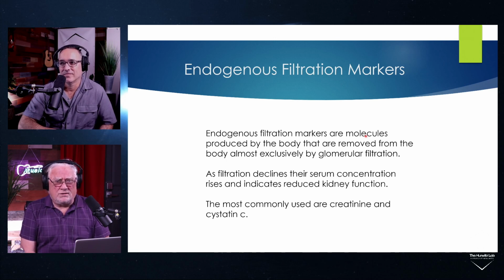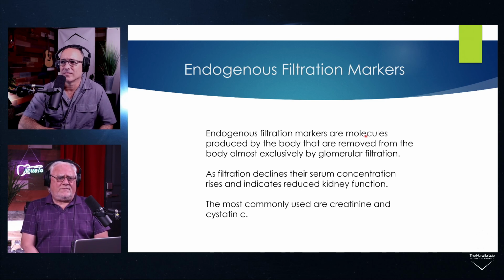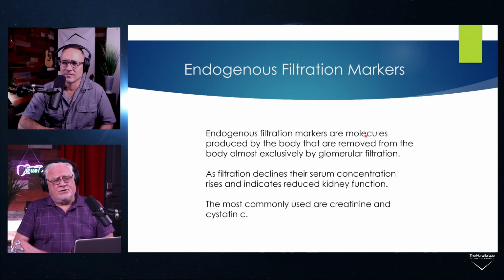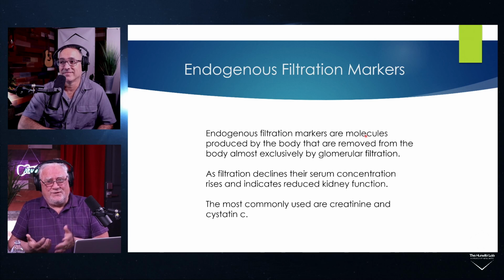And the normal serum creatinine back then was probably 0.8 to about 1.5, 1.6, that sort of range. And so if you were in that range, you had normal kidney function as far as we were concerned.